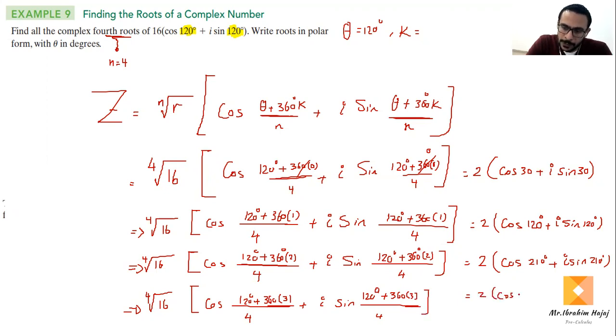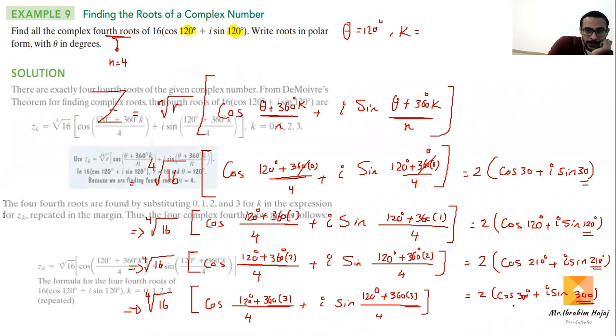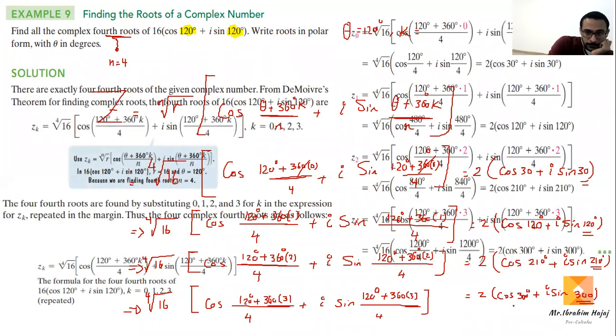So what do you notice here? That there is a pattern, right? It was 30, then 120 in the second quadrant, then 210, then 300. That's an increase of what? Everyone is increasing by 110 degrees. Okay, let's check the answer of the book.